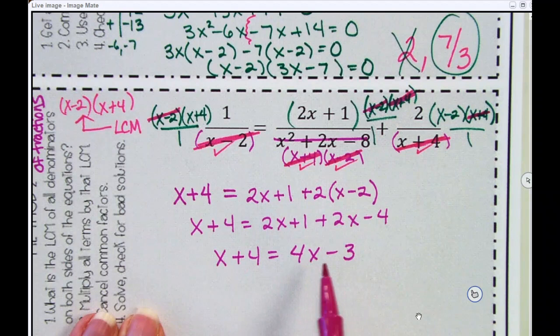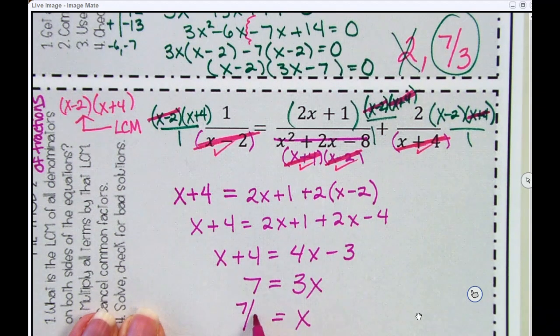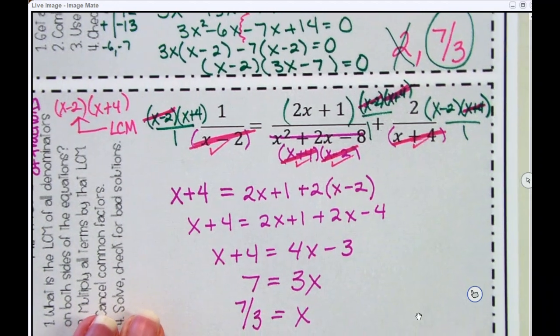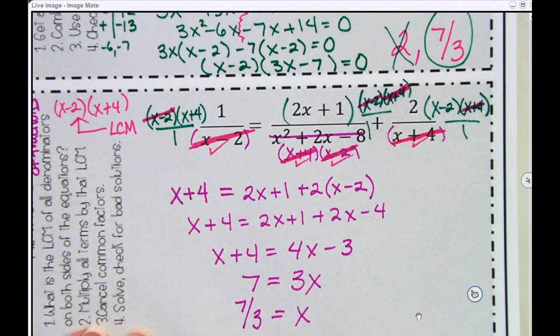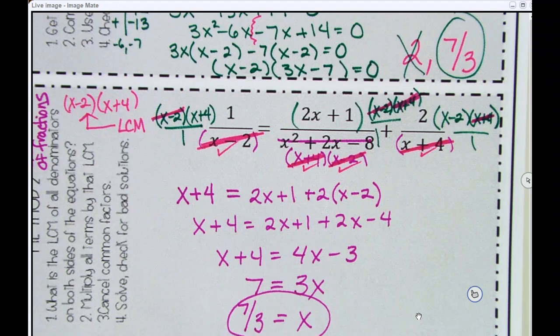Take away x, add 3. So x equals what? Huh. Did I get the exact same answer?